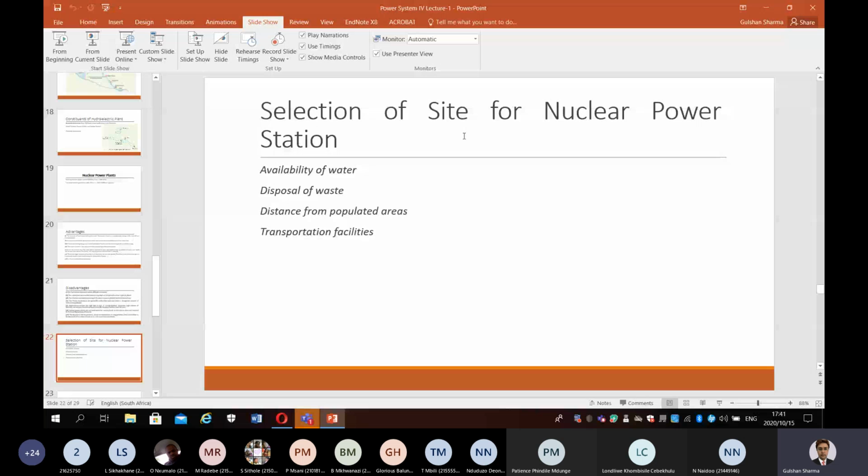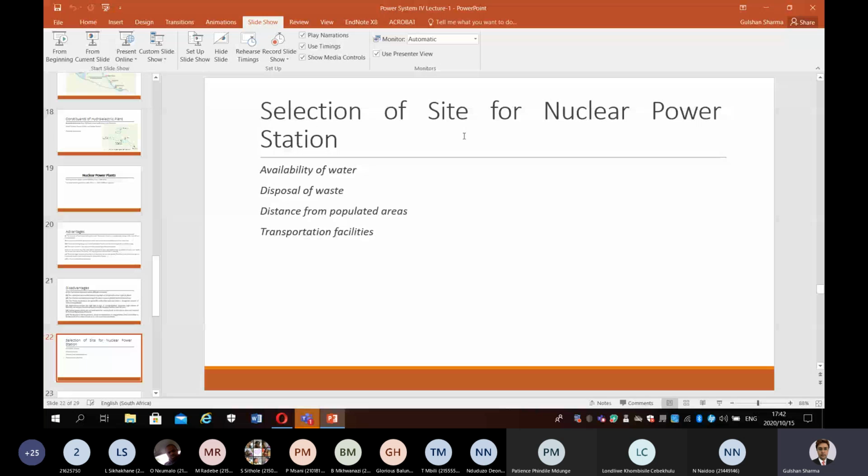The engineers try their best so that the nuclear power plant is located near a river or canal. If there is not sufficient water available, then, similar to a thermal power plant, there should be a cooling tower from which sufficient water can be taken. So that's the first point, the availability of water.